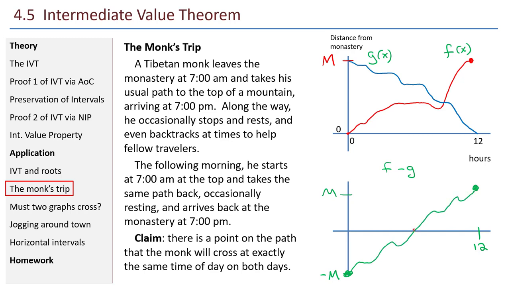So there must be some point c where f minus g crosses the x-axis. So in other words, at this point c, I guess I didn't draw my picture really appropriately, c is going to be this point. So c is the time that the monk crosses exactly the same point on the path on both days.